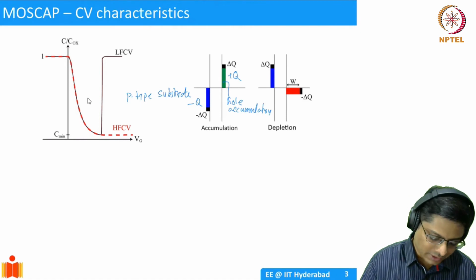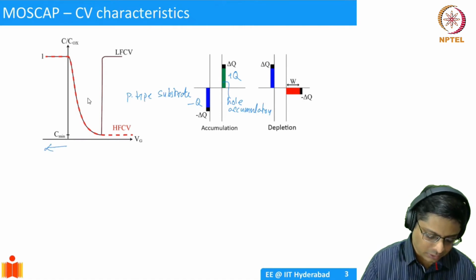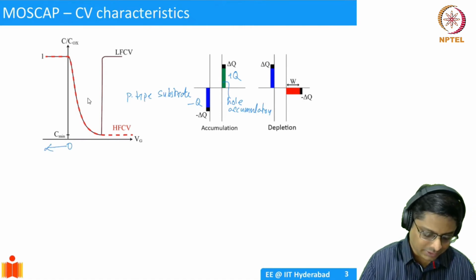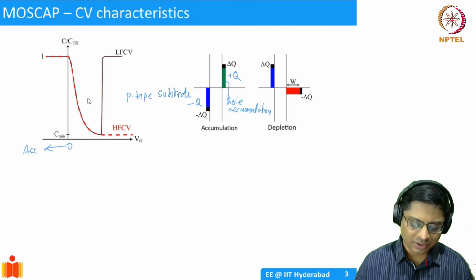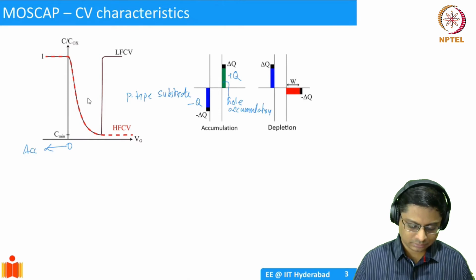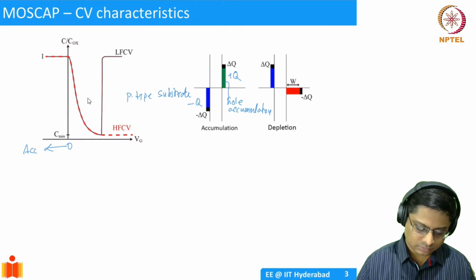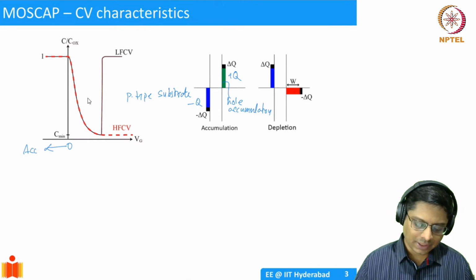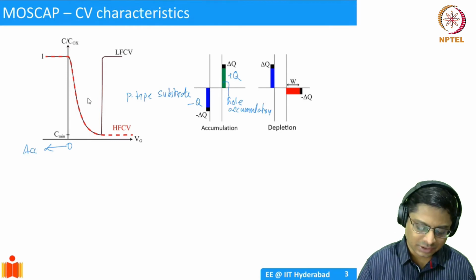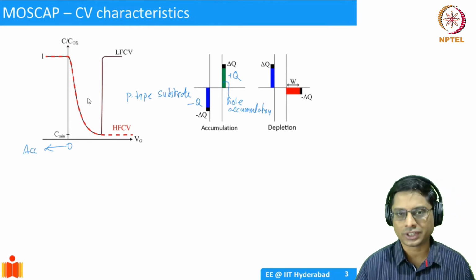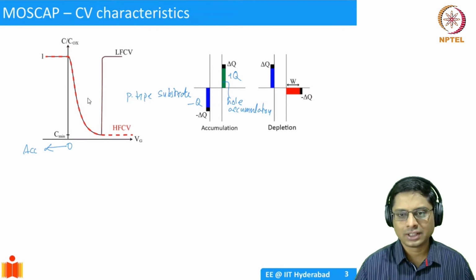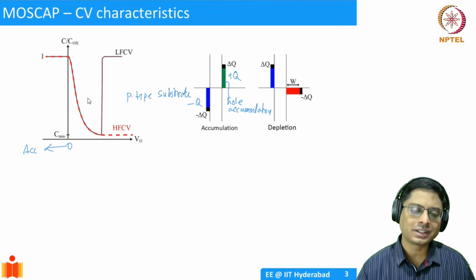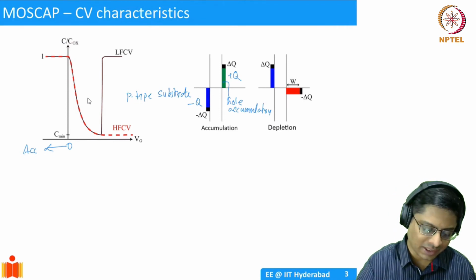So the voltage is below zero, if I call this 0 here, this is my accumulation. This plus Q and minus Q are caused by the DC voltage Vg. I'm biasing the capacitor, and the small signal is going to cause a small minus delta Q, let's say. This black region is the small signal contribution.